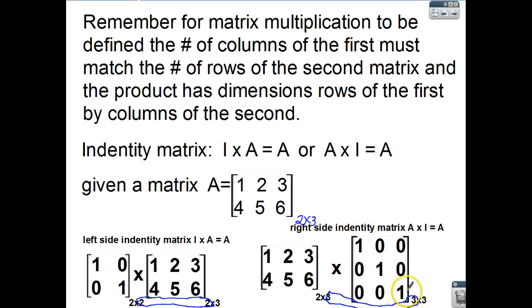And then this would be the right-hand side identity matrix for this particular one that's a 2 by 3. Now, of course, that would change with different pairings of rows and columns, but we're dealing with a 2 by 3, so we wanted to show you the left-hand side would be a 2 by 2, and the right-hand side would be a 3 by 3, making the dimensions work out for multiplication.